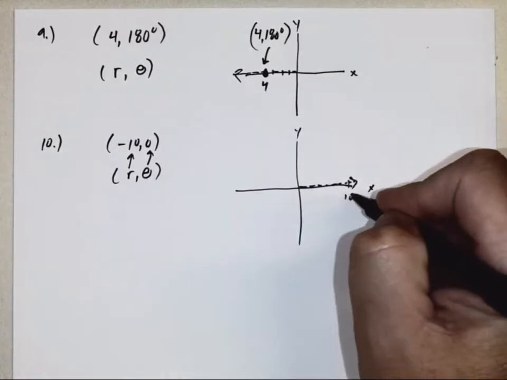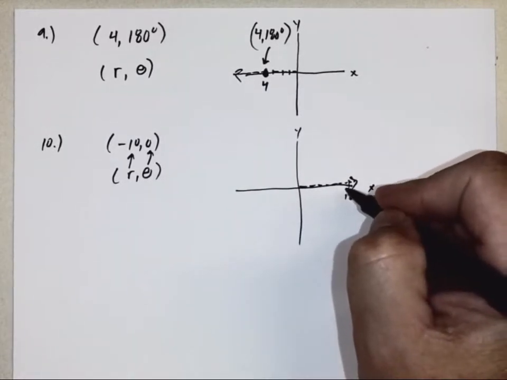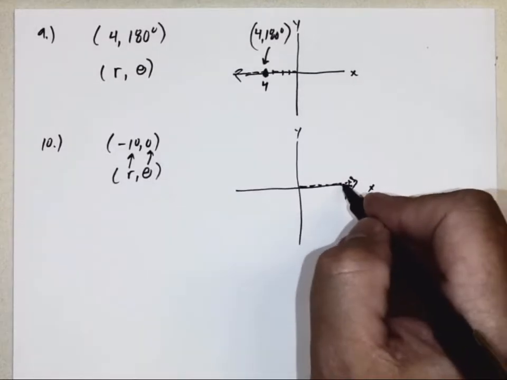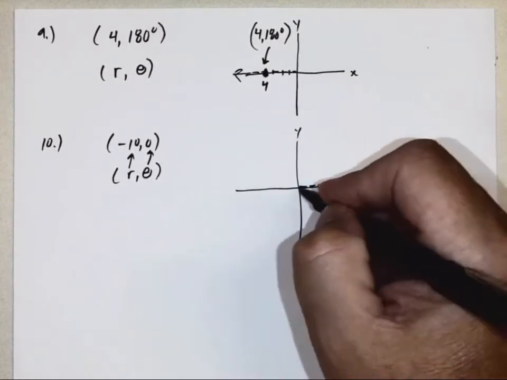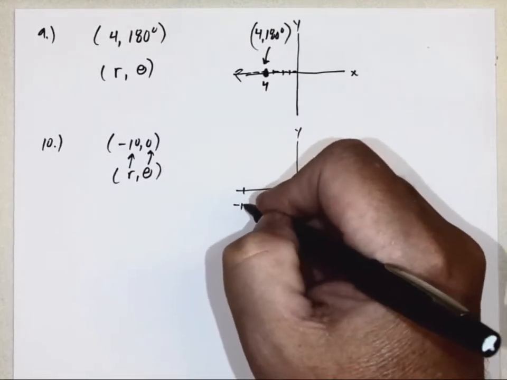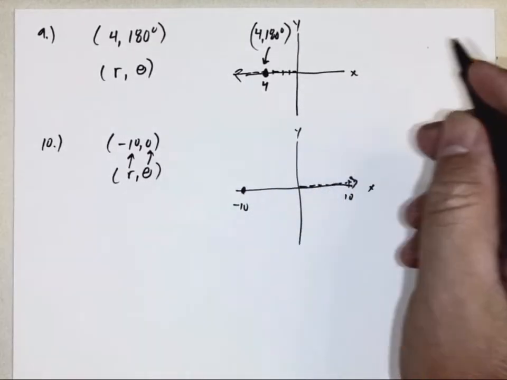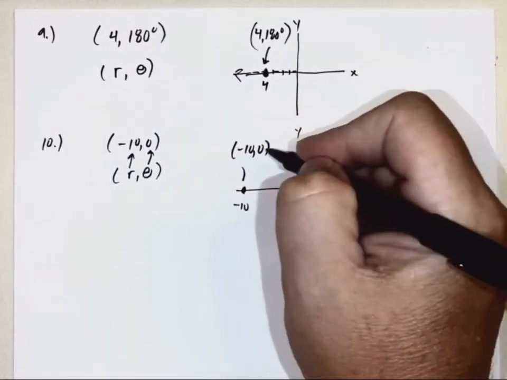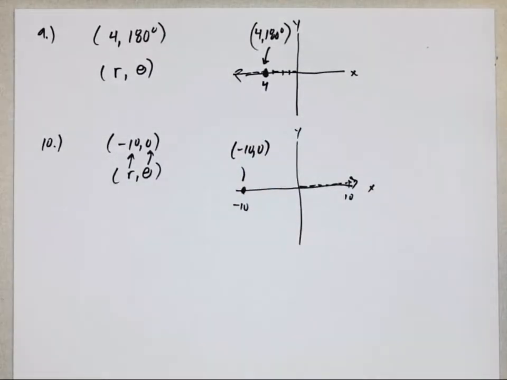+10 would be right here, but a negative distance, a negative r, means you go just the opposite side. So if it's this direction, all of a sudden it's going to kick me over here and put me right there. So once again, it's a multiple choice question.